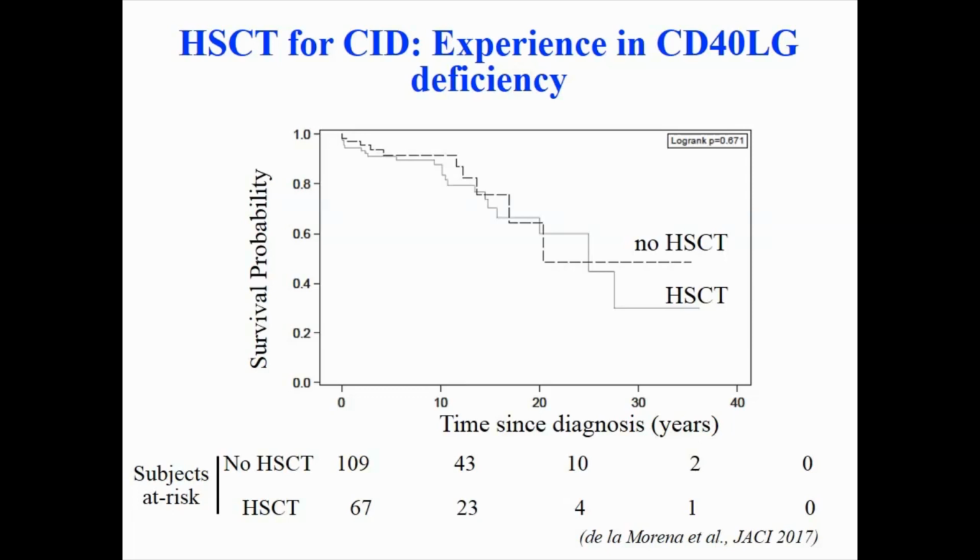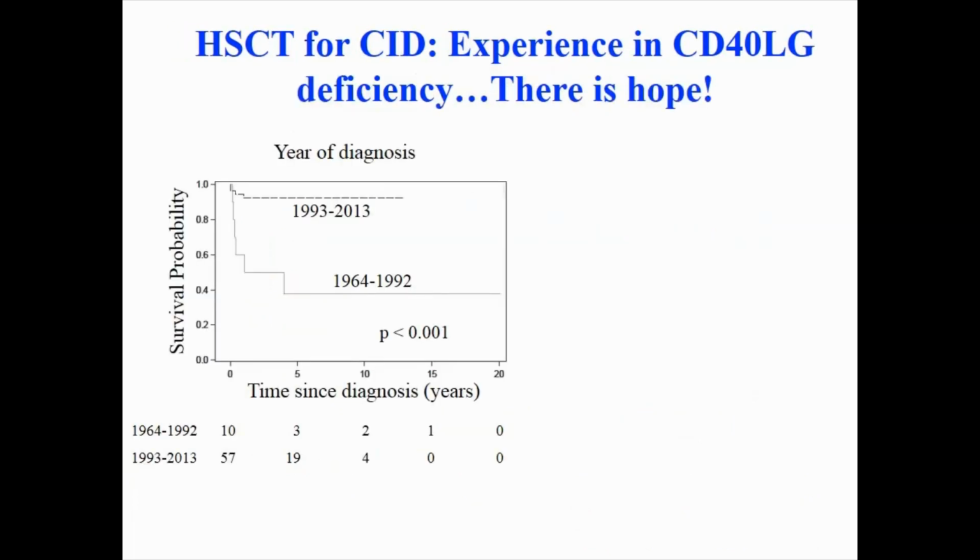The same study looked at the impact of year of diagnosis on survival after transplant. This is the survival of patients who received transplant and were diagnosed between 64 and 92. This is the survival of patients who were diagnosed between 93 and 2014. A major difference.